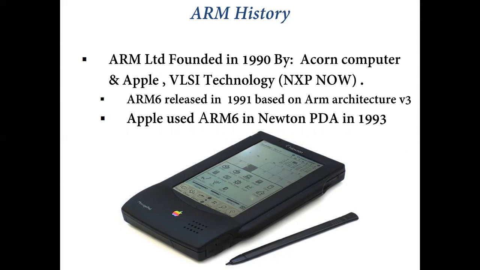In these types of PDAs, they used different ARM architectures. They changed the core, and there are different versions available, version 1, 2, 3. They used version 3, and they used ARM 6 for these applications, right?